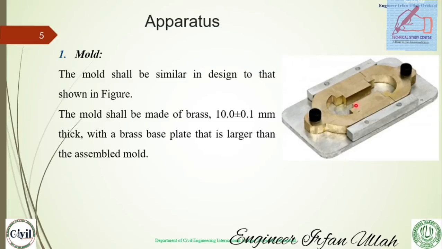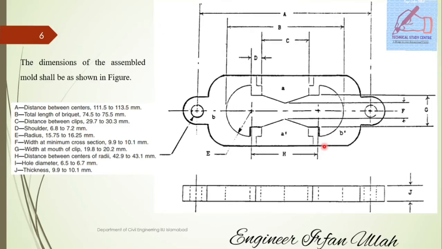With a brass base plate that is larger than the assembled mold. This is also made of brass. It should be larger or wider than the mold so that the mold can easily fit on this base plate. This is also more detail of the mold.